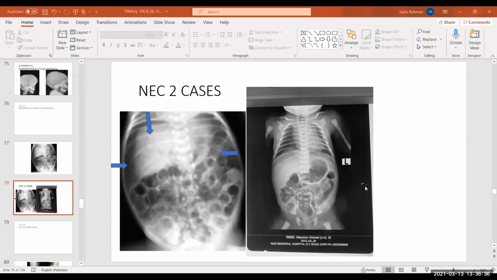I'll share the screen with you again. Okay, so you can see this, right? You can see the bowel air on the left side in this case.